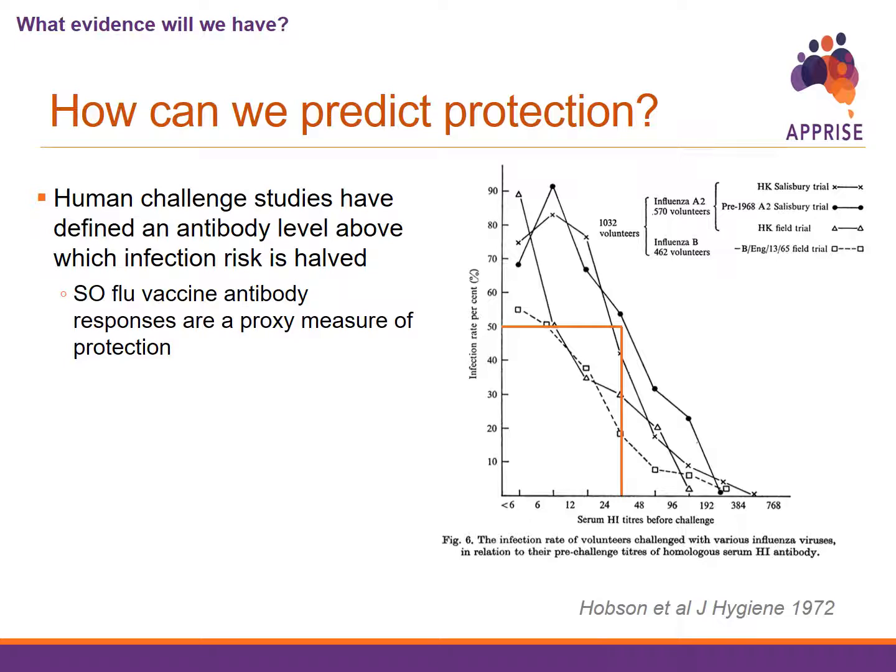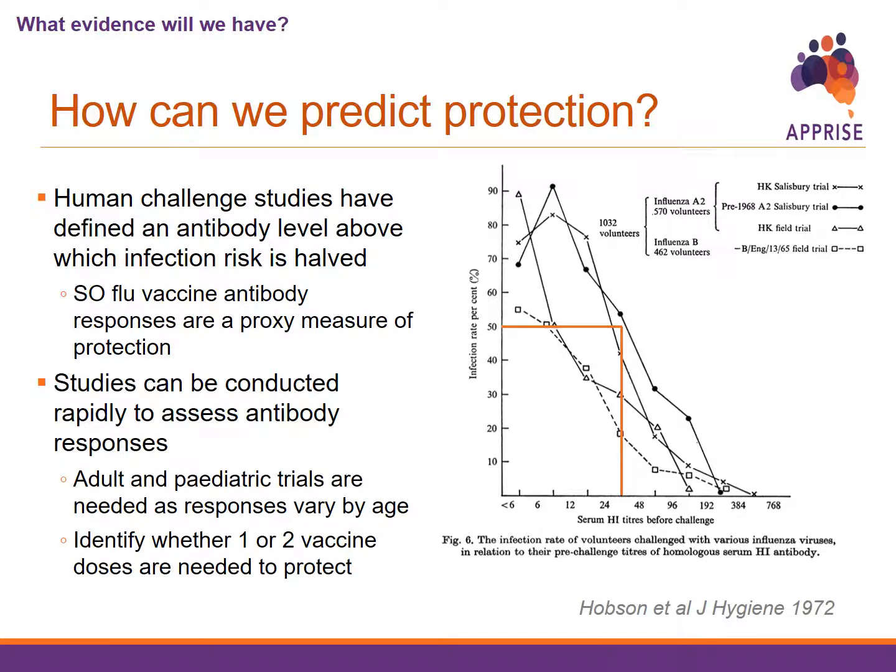So we need to be able to predict whether or not a new vaccine is likely to protect. Those human challenge studies that we talked about in Salisbury were really useful because they directly related the antibodies in individuals to their risk of contracting the flu after exposure. That means that we've been able to define vaccine-associated antibody levels that substantially reduce the risk of disease. So we're able to just measure antibody responses and use these as a proxy or a correlate of protection.